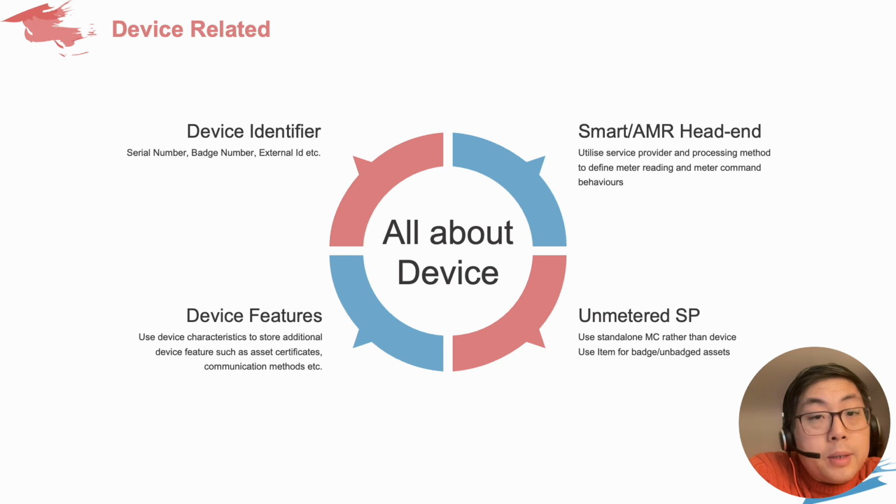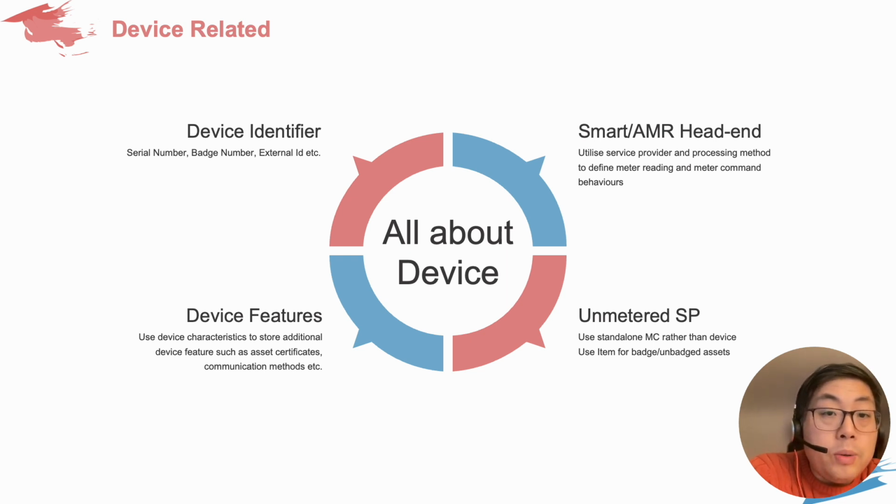And we talk about the smart and AMR head ends. Head ends actually just means when the meter reads are loaded into the system, and when the command feedback is coming in, especially the communication coming from the meter into the grid, into the supplier.